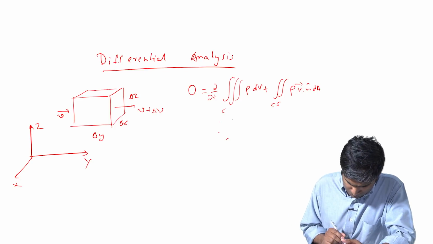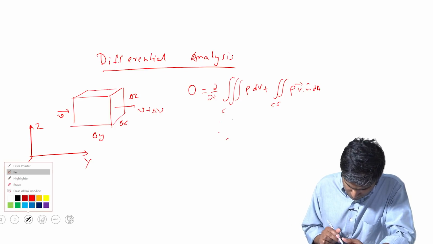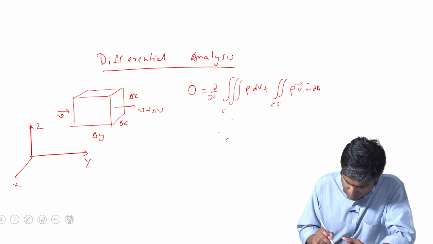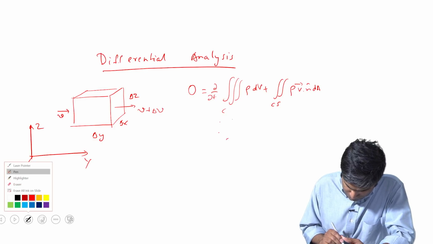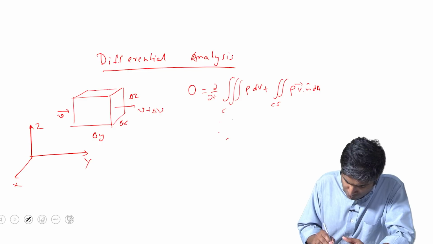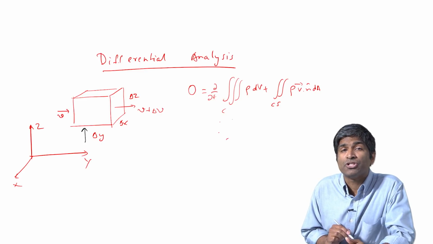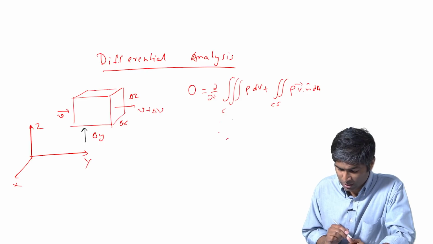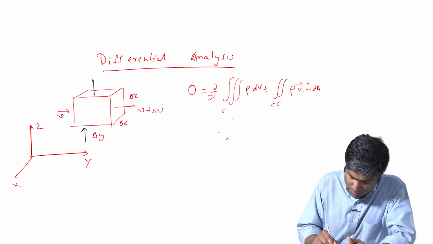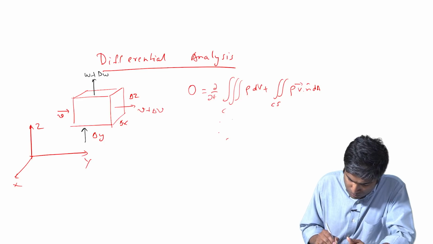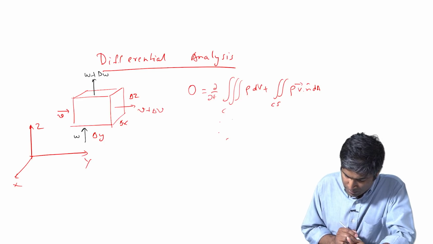Similarly, if I had a velocity w entering the phase with dimensions delta x, delta y, it would be leaving with w plus delta w, and I'll call this w here.